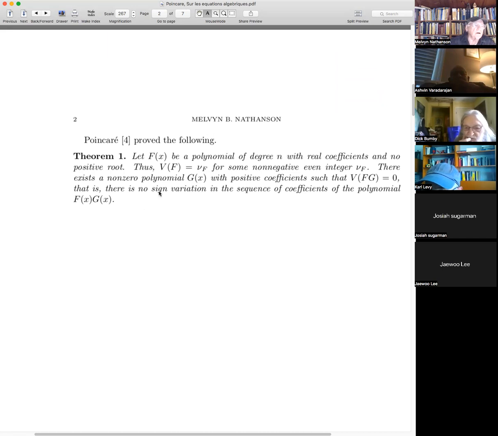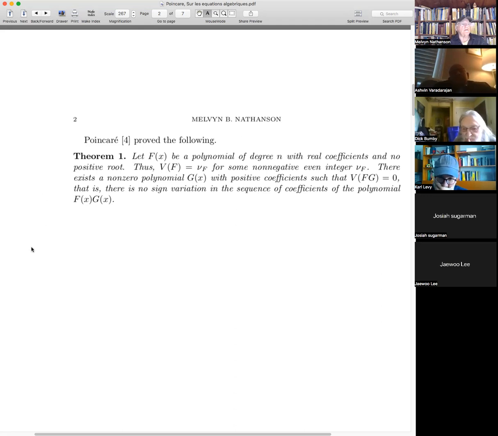So in particular, if your polynomial has 0 positive roots, then the number of sign changes, Descartes' theorem says, is a non-negative even number. It'd be nicer if it were 0, right?